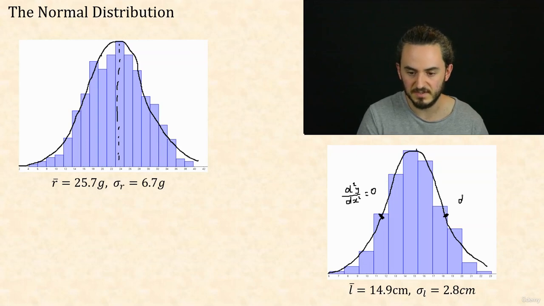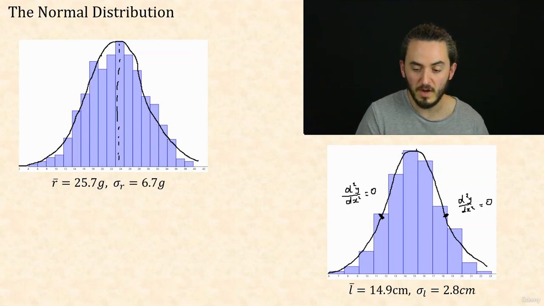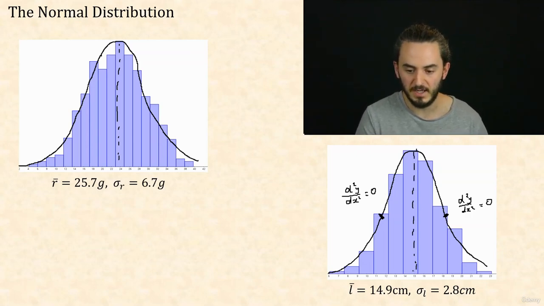And similarly here, the second derivative is 0 at this point as well. And these points here are one standard deviation either side of the mean. So in our case, we've got a mean of 14.9. If we go 2.8 back, we'll get that point of inflection. If we go 2.8 forwards, we'll get that point of inflection.